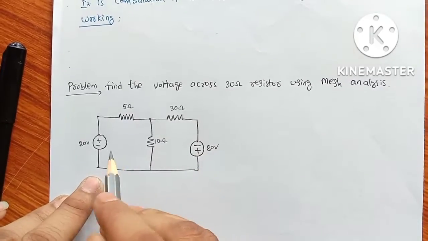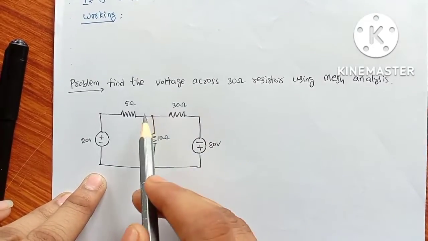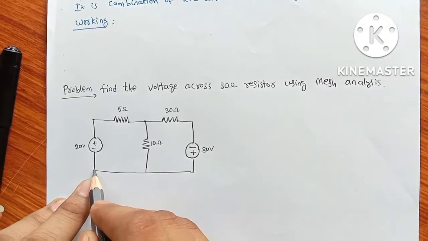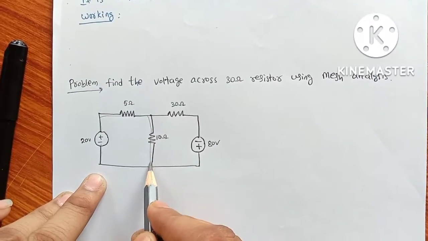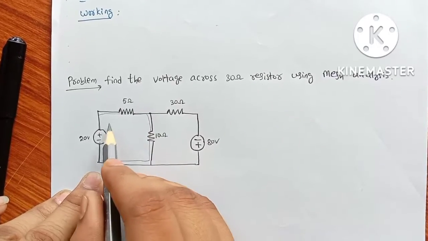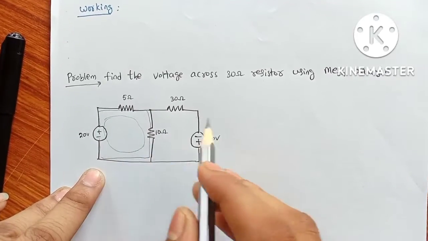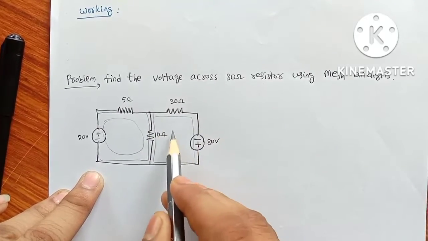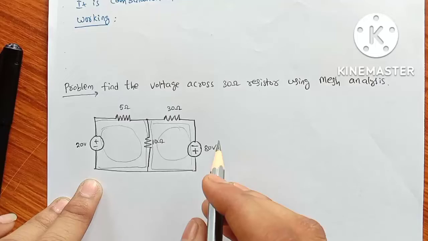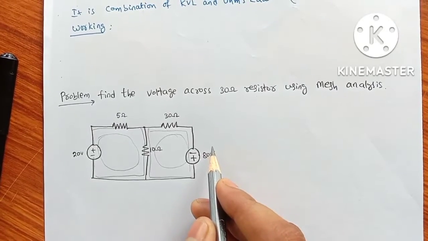How many closed loops are there in this problem? From here to here there is one closed loop, and this is another closed loop, so here the number of closed loops is 2.